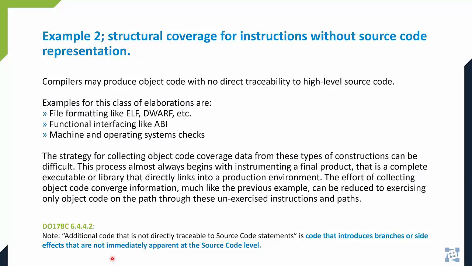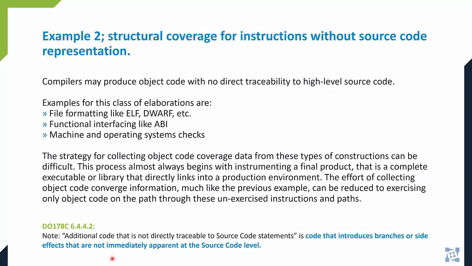The strategy for collecting this coverage data is the same as the previous one. However, the item we are instrumenting, instead of a unit test, in this case, will be a production executable.